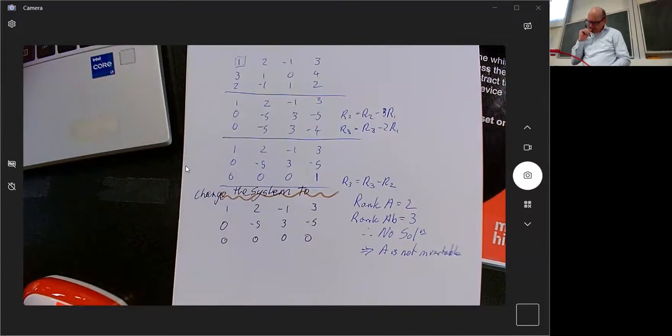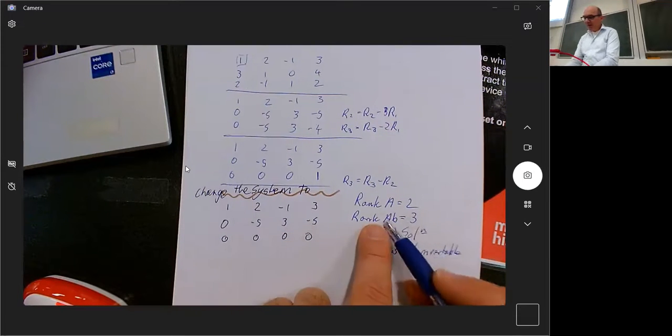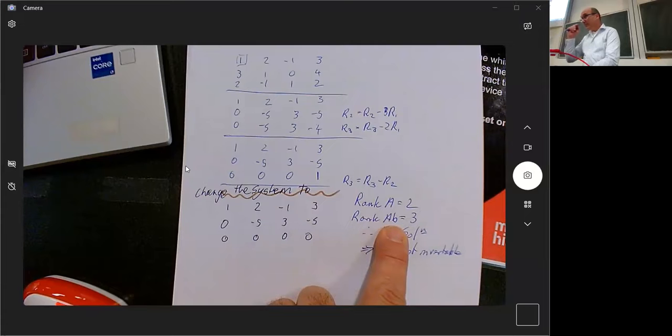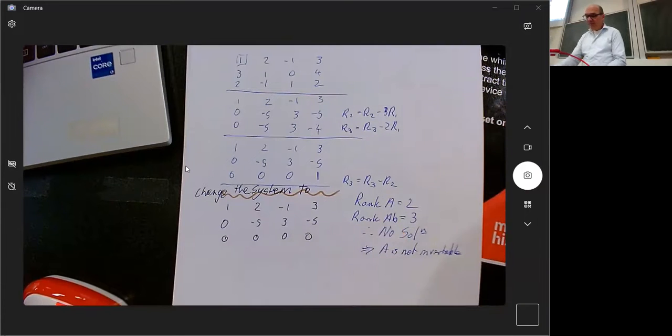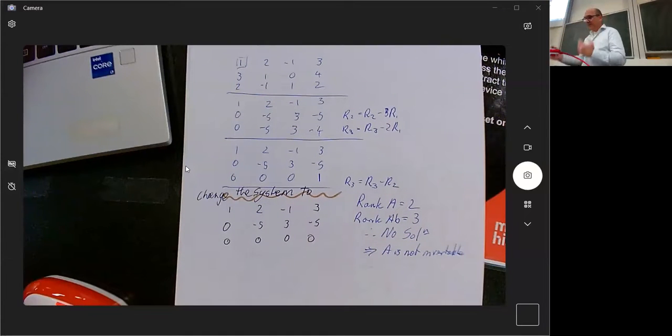The reason I want to do this is to talk about finding the solution when there are infinitely many solutions. Because we've changed the rank of this augmented matrix to 2, the system now has solutions.